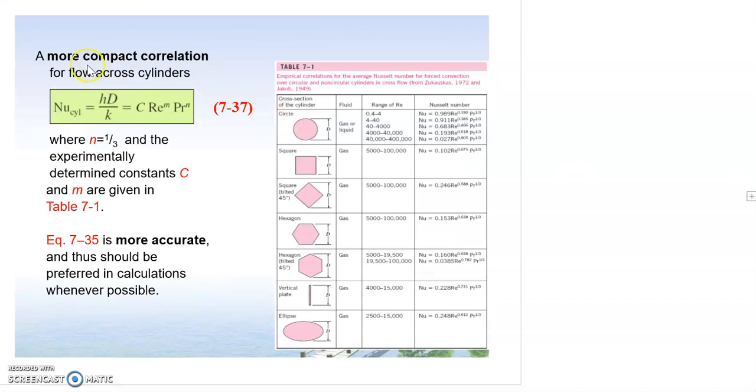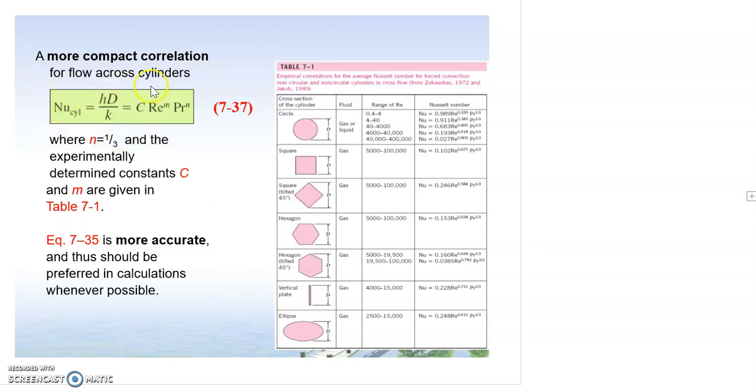Okay, we have a more compact correlation across cylinders because cylinders are applicable for tubes and pipes, and the tubes and pipes are not always cylinder-shaped. They could be square, tilted, hexagon, and many other shapes.